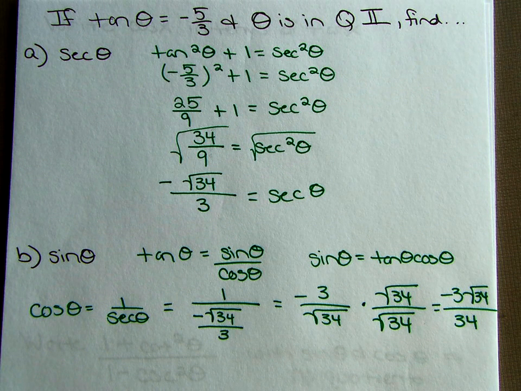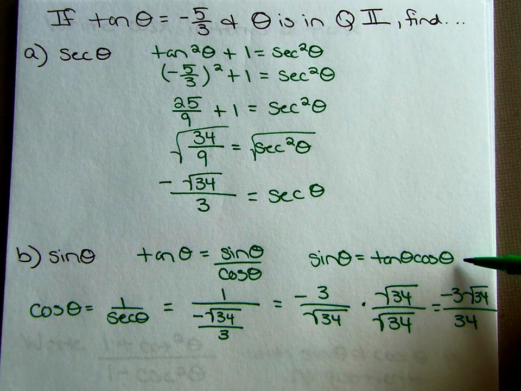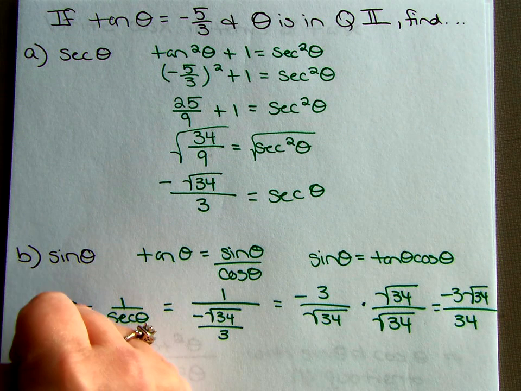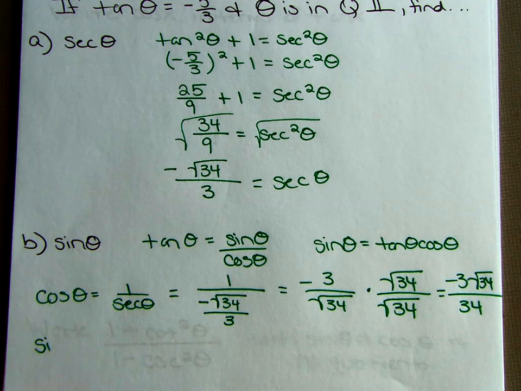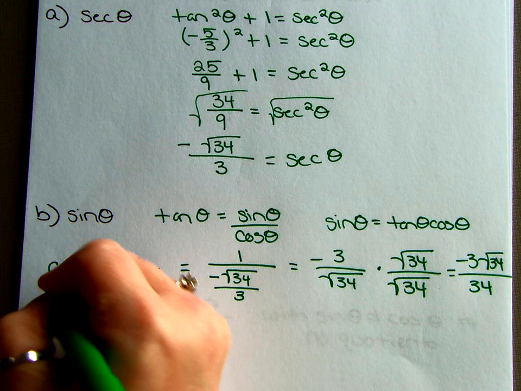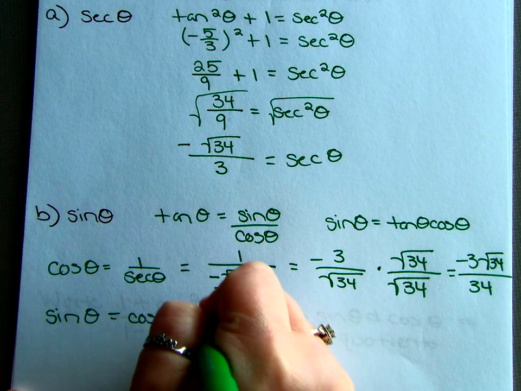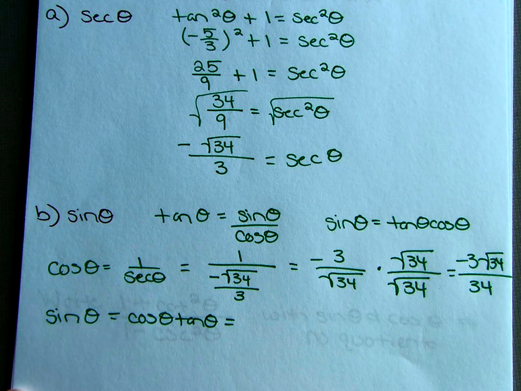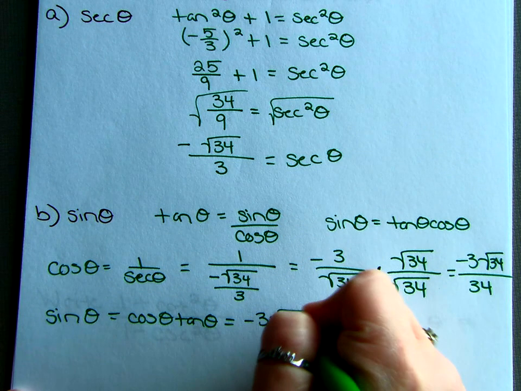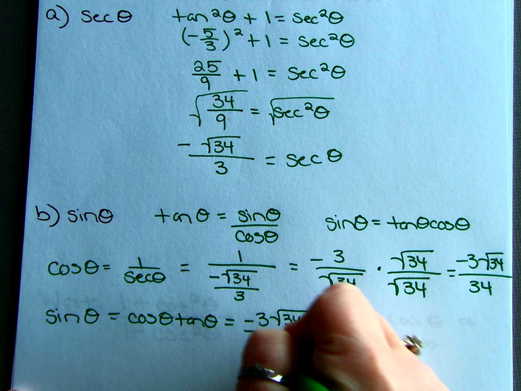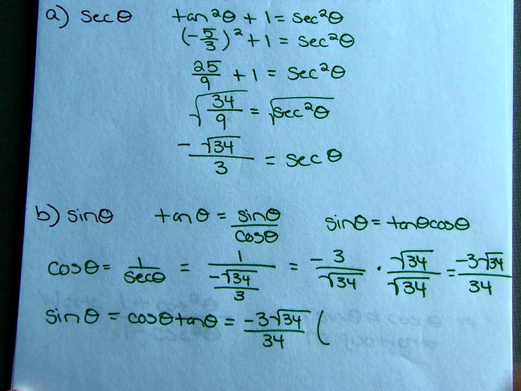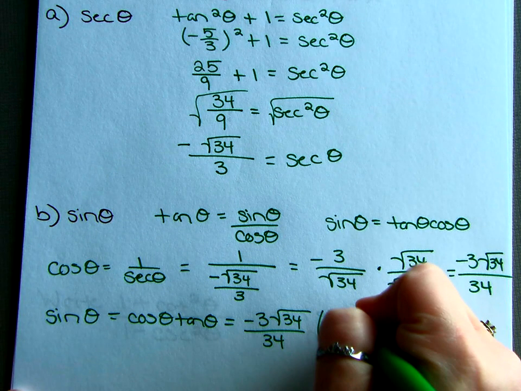So now that we know what cosine theta equals and we know what tangent theta equals, we can figure out what sine theta is. I'm going to slide up. Sine theta equals cosine theta times tangent theta. Well, we just said cosine is negative 3 square roots of 34 all over 34 times, in the original it said negative 5/3 is our tangent.